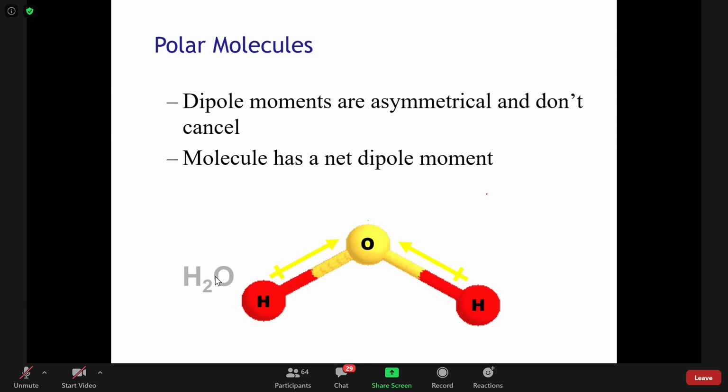So you might be tempted to think, if you drew the regular old Lewis structure that looked like this, that these dipole moments would cancel one another out in these polar bonds, because this looks linear, right?